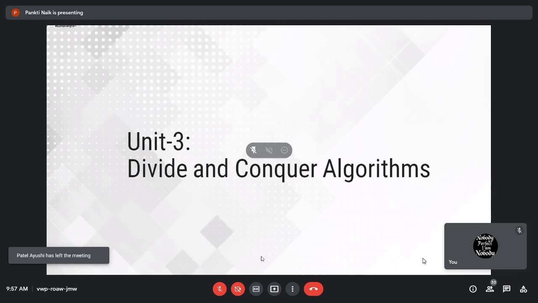Then, after getting the solution of these sub problems, this strategy combines all the sub problem solutions together and at the end finds the solution of the whole. So let us understand the general method of divide and conquer.